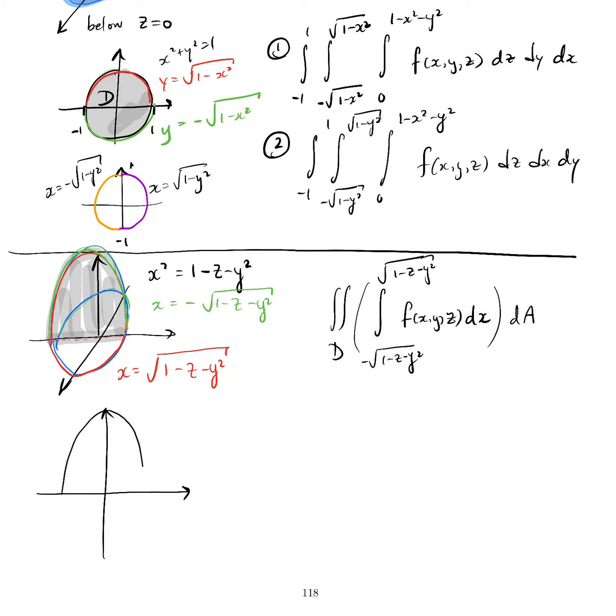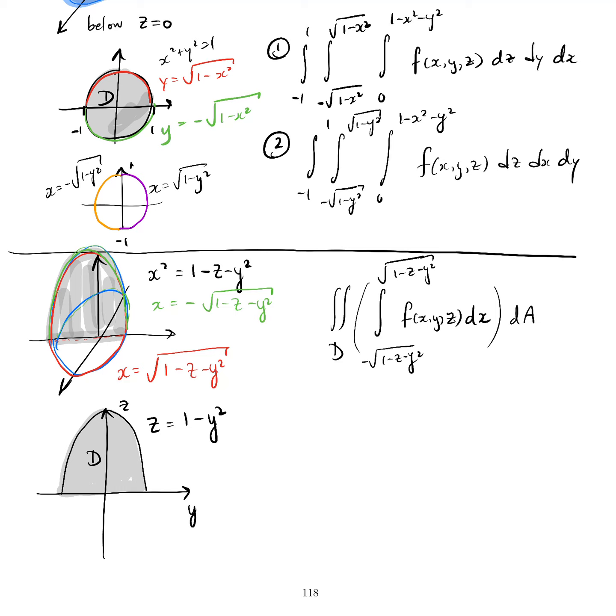We're going to have this. So this is Y, that is Z. There's our region D, which is the projection or the shadow of the paraboloid down onto the YZ plane. And if x is 0, then we are getting the function z is equal to 1 minus y squared. And so we then have to describe this as either a type 1 or a type 2 region.